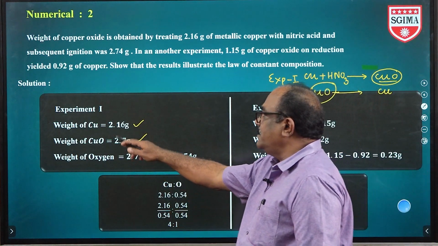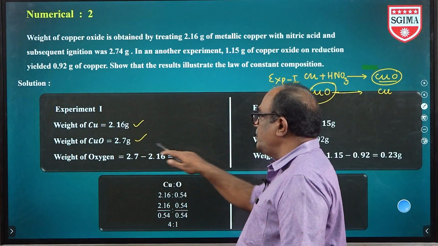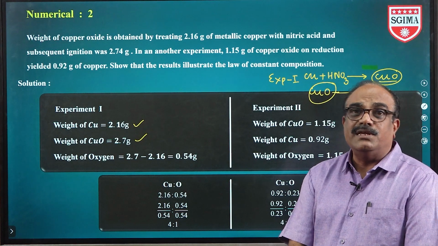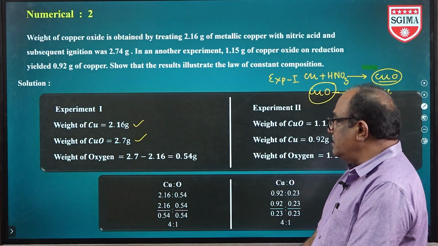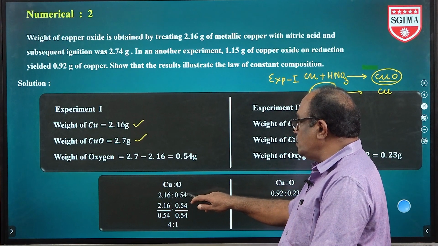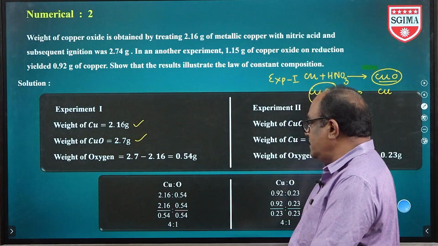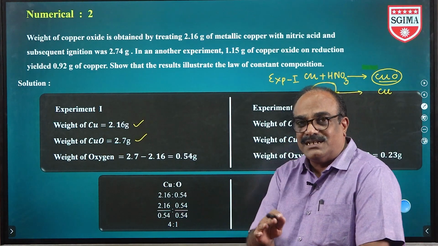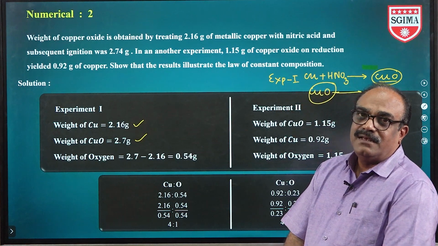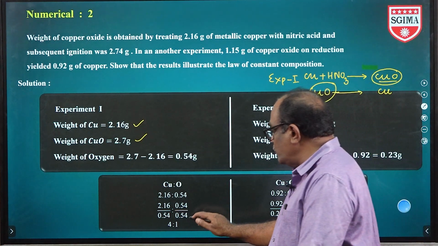Weight of copper oxide minus weight of copper will give me the weight of oxygen, which was found to be 0.54. So, in what ratio did copper and oxygen combine? Copper to oxygen ratio, if I am taking 2.16 and 0.54 according to the data, I pick the smallest number, with that I divide, so that with 1 gram of oxygen, how much amount of copper combining I am going to get?